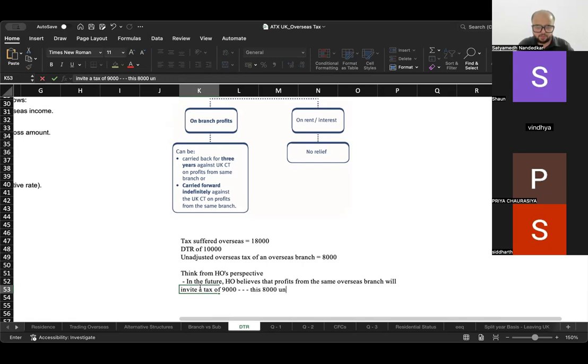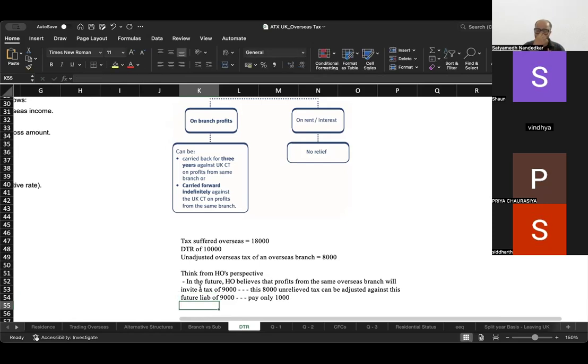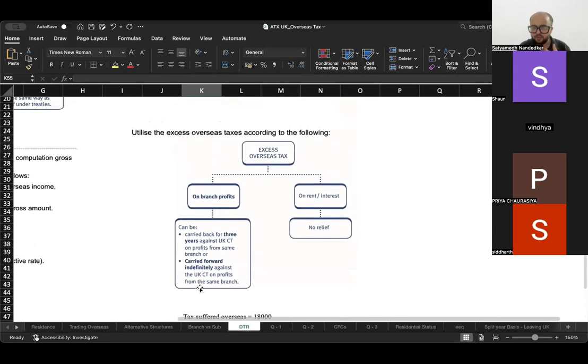This 8,000 unrelieved tax can be adjusted against this future liability of 9,000, and pay only 1,000. Okay, you don't have to pay 9,000. You can adjust that 8,000 here, and all you will have to pay is a balance amount of 1,000. Okay, this is how unrelieved overseas taxes can be carried forward in the future.